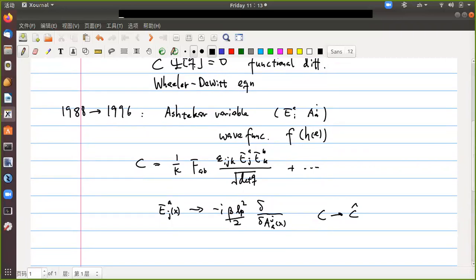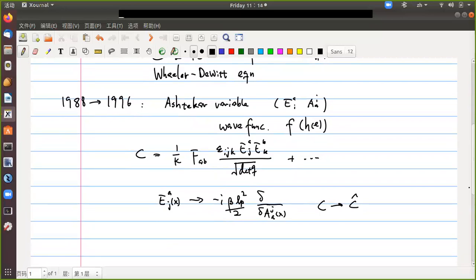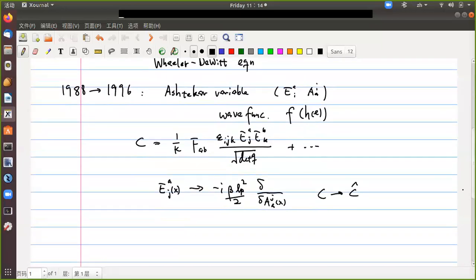Unfortunately, this operator is still not well defined because you still use functional derivatives, and you don't know how to deal with the square root of Q in the denominator. It's the same problem I mentioned before: how to quantize 1 over the square root of the determinant of Q, so that it has no divergence.